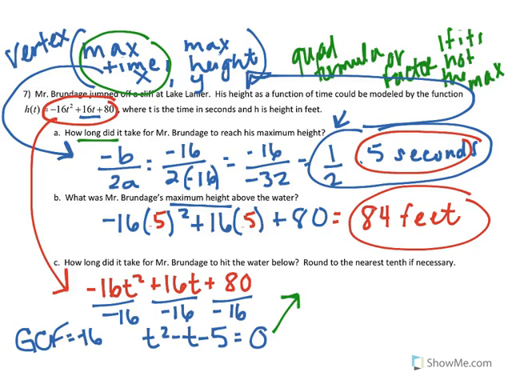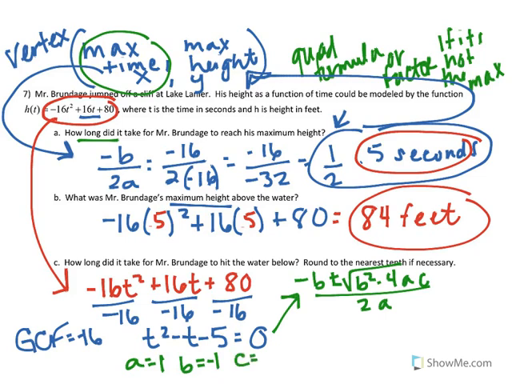So I'm going to plug this into the quadratic formula, which is negative b plus or minus the square root of b squared minus 4ac all over 2a. Okay, so I'm going to plug everything in. I know that I can use my factored portion, and at least it can help me with something, because a is 1, b is negative 1, and c is negative 5.